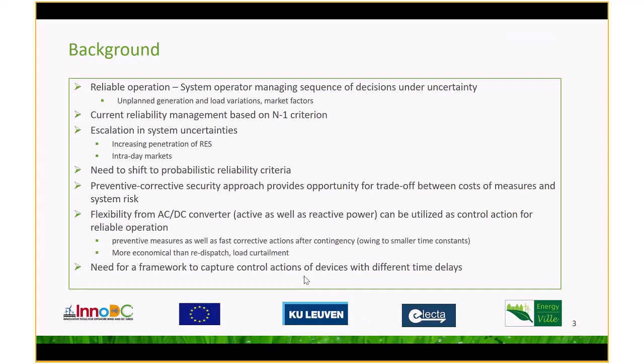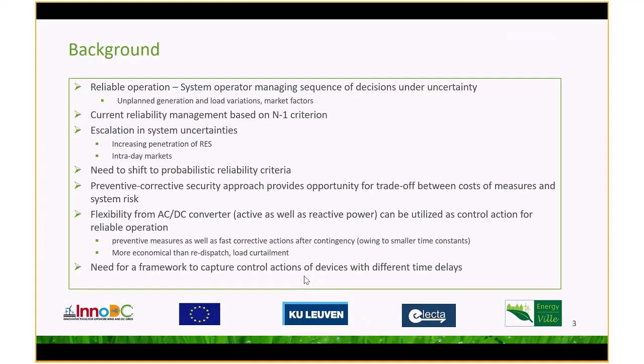Out of the current approaches for reliability management, the preventive corrective security approach allows to take preventive as well as corrective actions. Thus, there is an opportunity for trade-off between the cost of measures taken and system risk. The flexibility from AC-DC converters by changing their active as well as reactive power set points can be utilized as a control action for reliable operation.